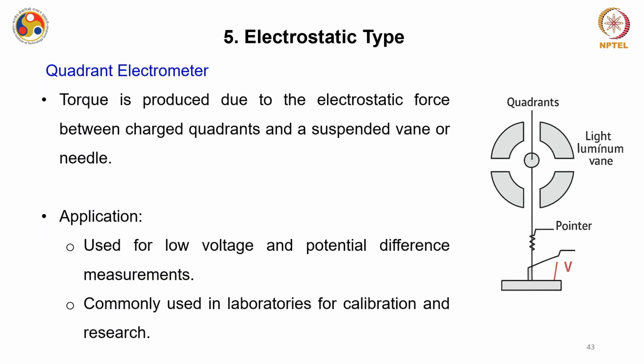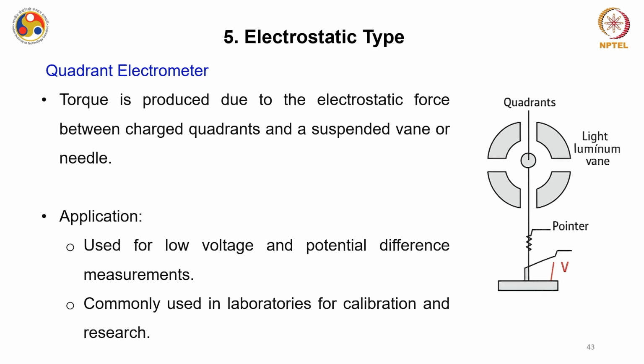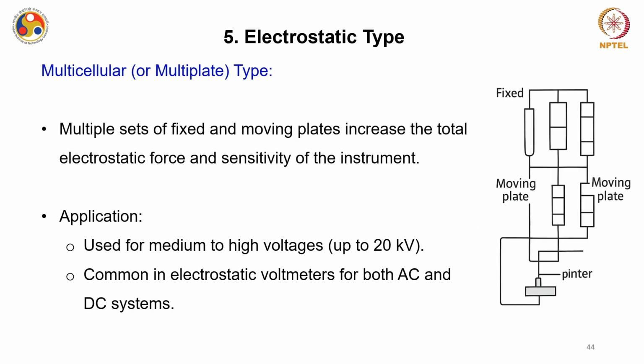Then you have quadrant electrometers, where torque is produced due to the electrostatic force between charged quadrants and a suspended vane, or say needle. Then the multicellular or multiplate type, you can simply see here you have moving plates and fixed plates. It has multiple sets of fixed and moving plates, which increases the total electrostatic force, and the sensitivity of this instrument is much higher as compared to the two that you have just seen.